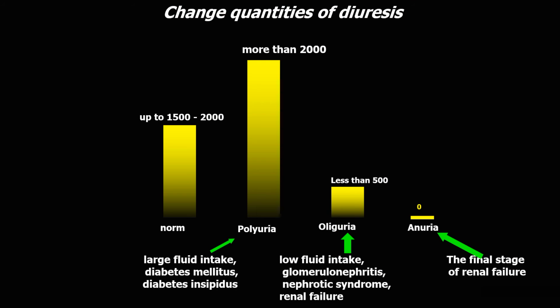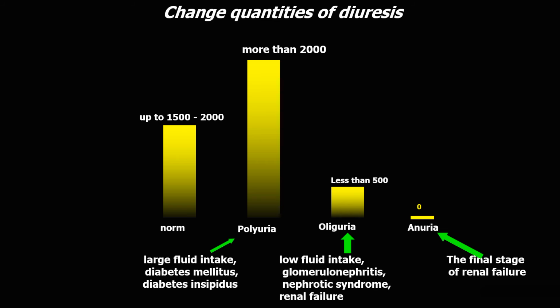Quantitative change of diuresis may be from the norm: polyuria, oliguria, and anuria. In polyuria, there is large fluid intake.